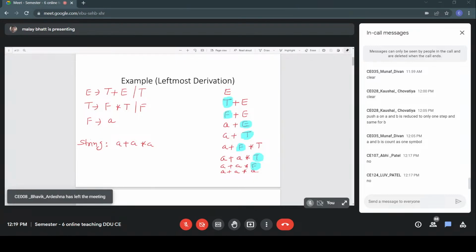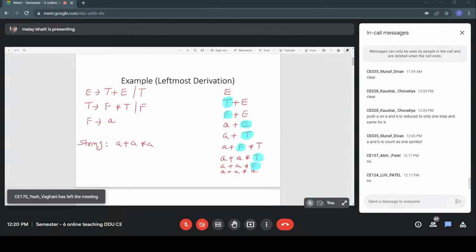So we have a plus E. Now a is a terminal symbol and plus is also a terminal symbol, and we don't have any production rules for these symbols. So now we'll replace capital E with T.